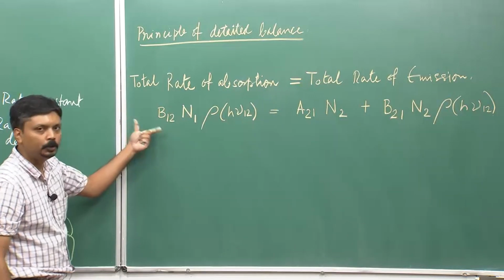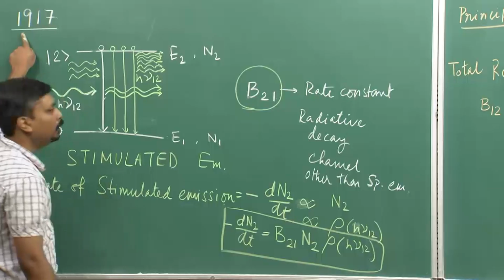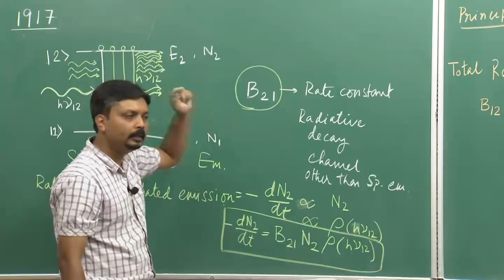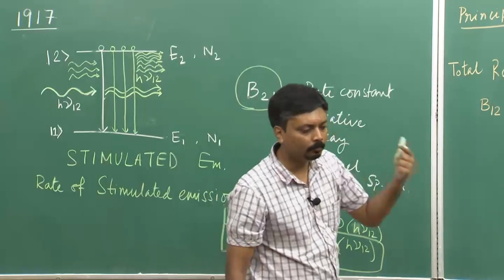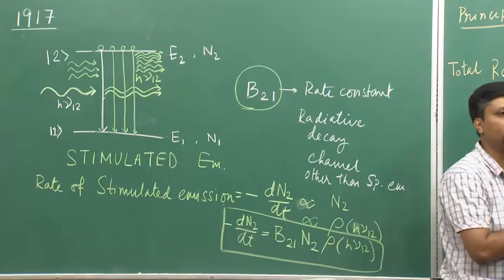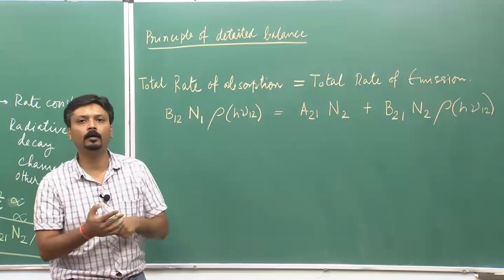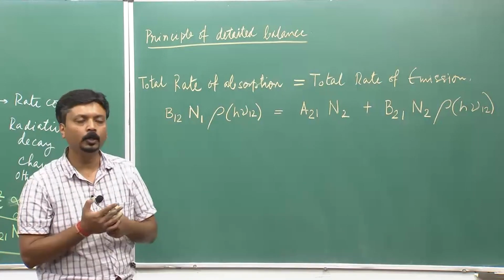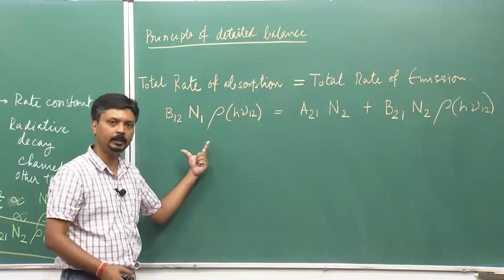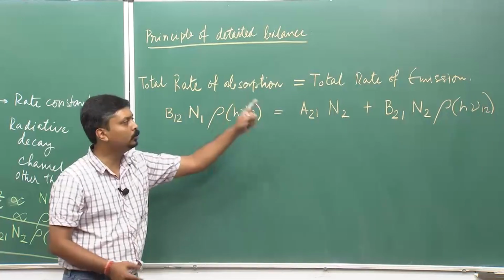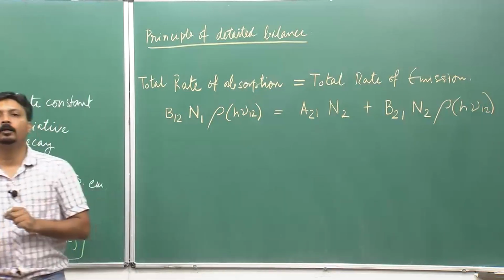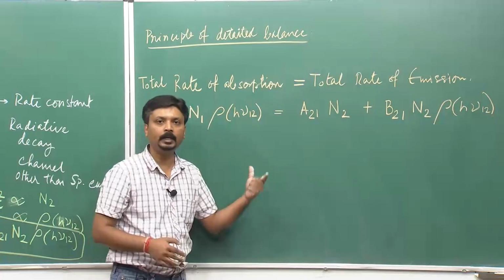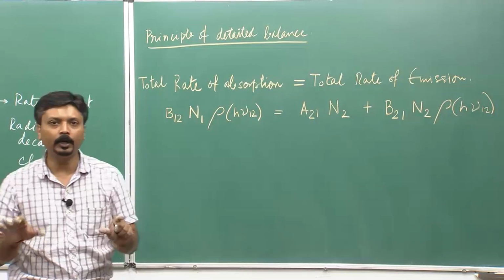So, if that is true, and if we remember what we said just a few minutes back, that in 1917 Einstein could use these two-level oscillators to mimic the black body radiation spectrum, and he was successful to come to the same expression that Planck has got. So, we should be able to use these to do the same thing, and you will see that ultimately will help us in understanding the laser process.